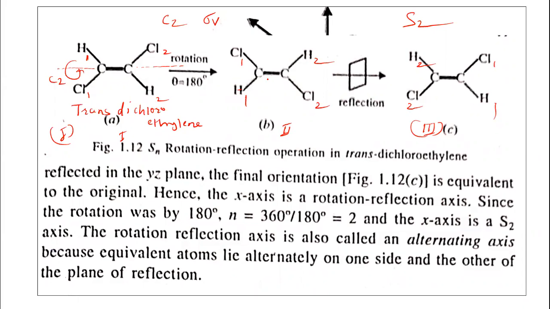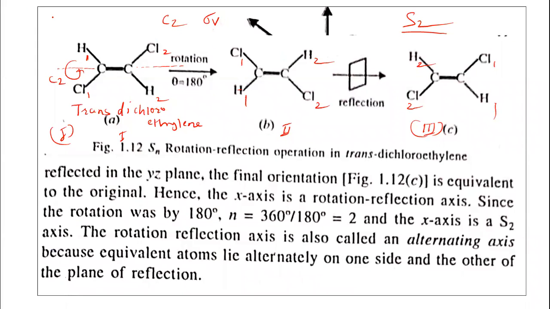When we pass the plane of symmetry, we get the equivalent configuration of the original one. Then we can say that the molecule has the improper rotational axis. So here it is C2, sigma V is there, so it is S2.